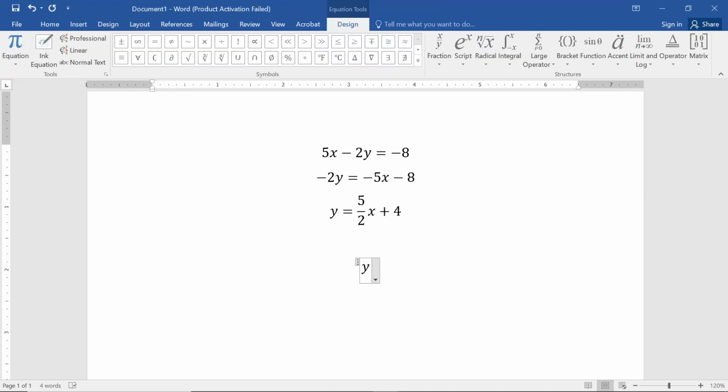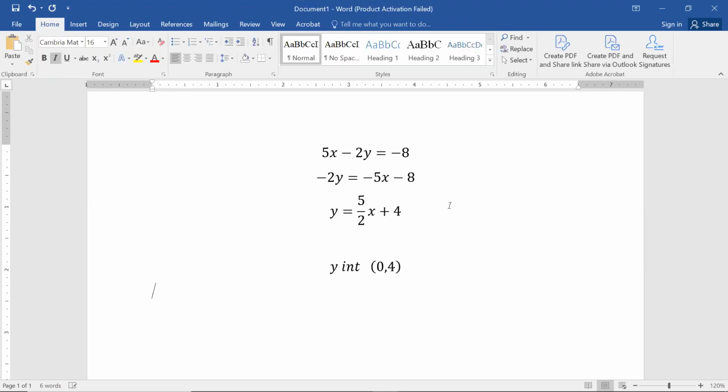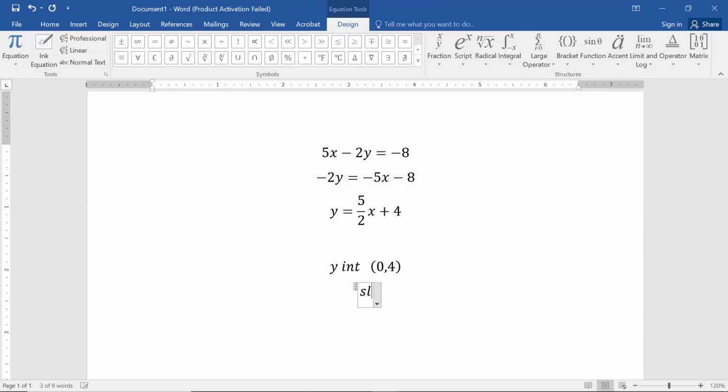So we can easily see that the y-intercept is the point 0, 4, and also that the slope, which is m, is 5/2.